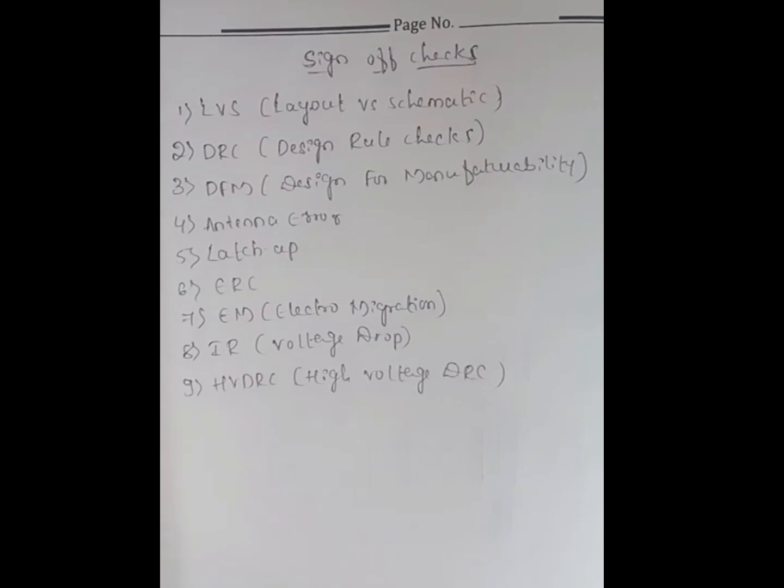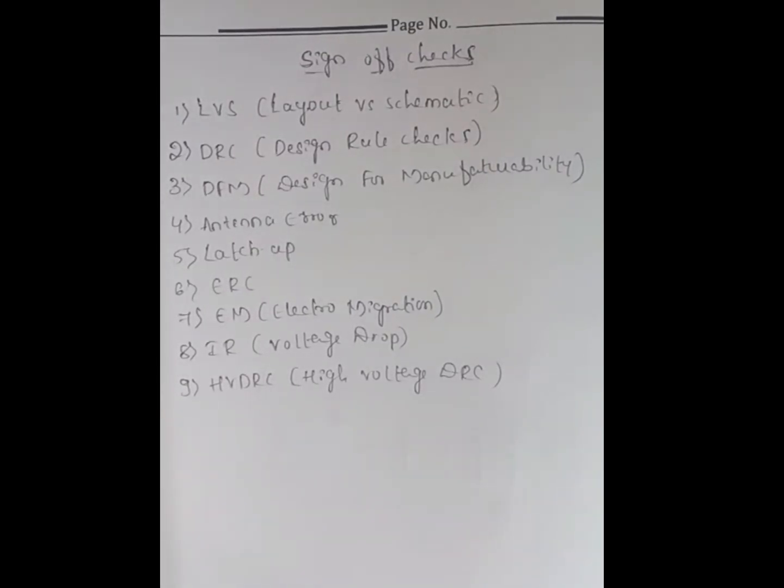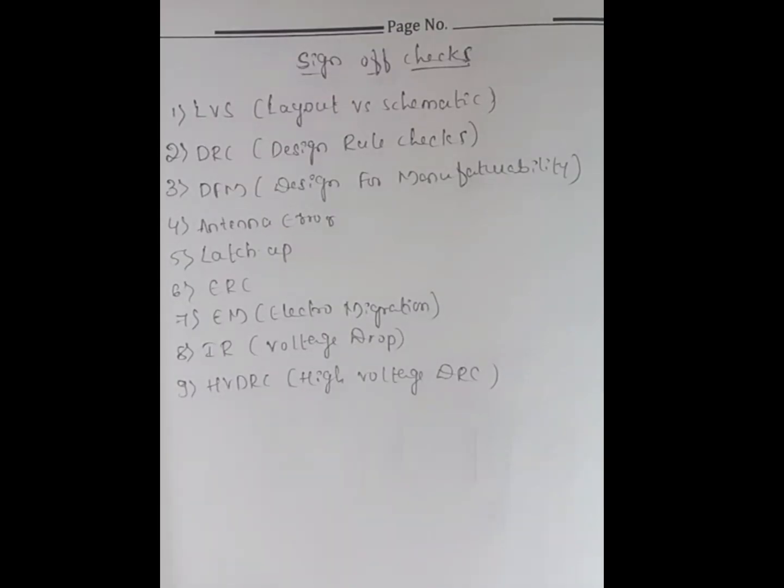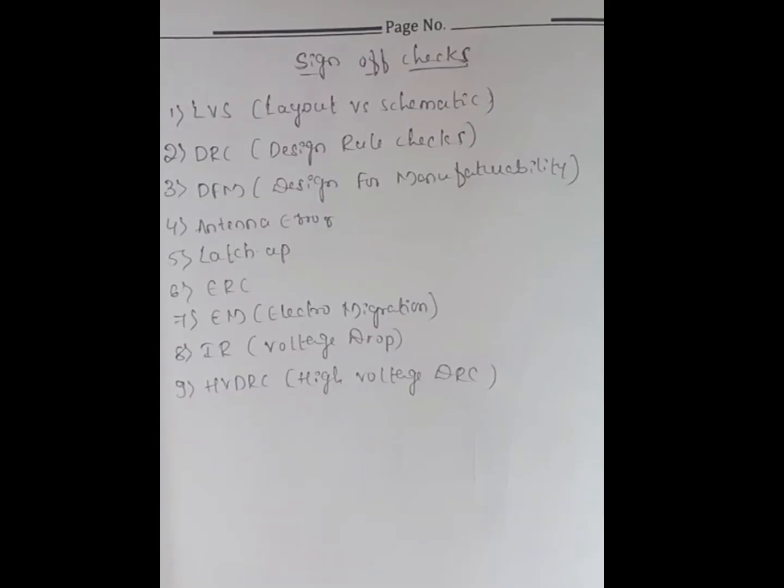It occurs when, for example, we have two metals of 0.1 width, but one metal has high voltage and one metal has low voltage. That time it causes a high voltage DRC. We should follow the DRM rule for this, or we should increase the space between the metals.